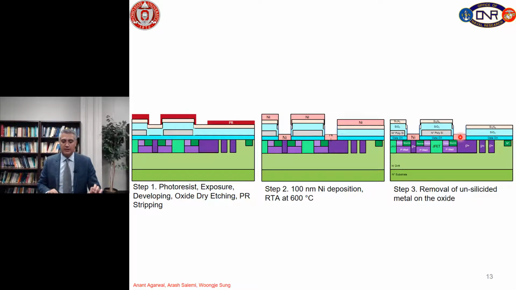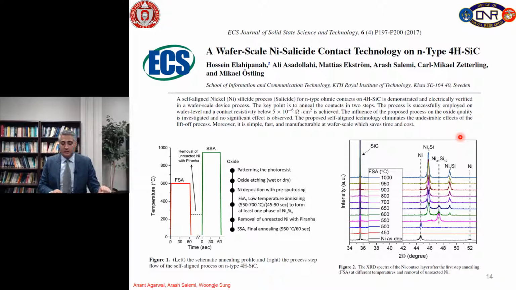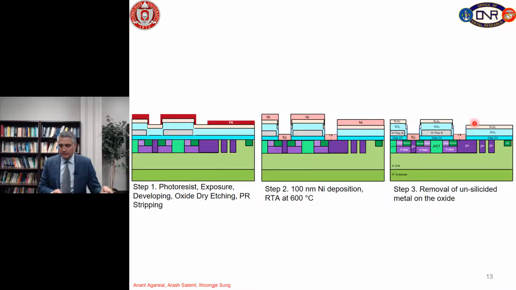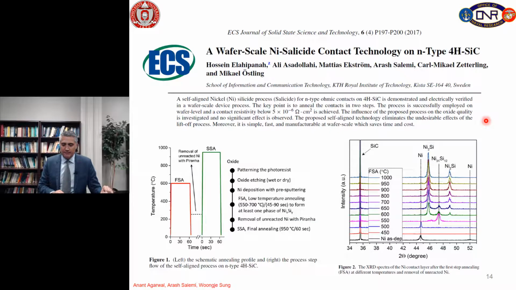However, 600 degrees C is not enough temperature in order to have a good ohmic contact. In this paper, we showed that at 600 degrees C we have a peak of nickel silicide, but the intensity of this peak is not enough to have a good ohmic contact. So now, after removing the unsilicided part of the nickel, we can have the second step annealing.